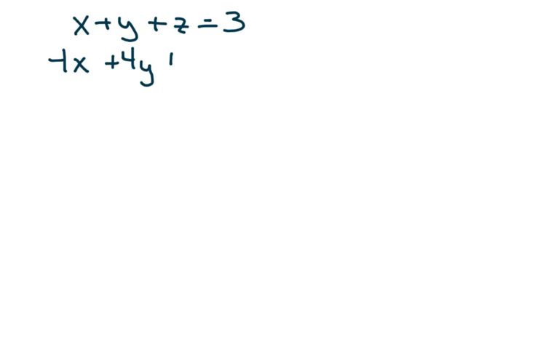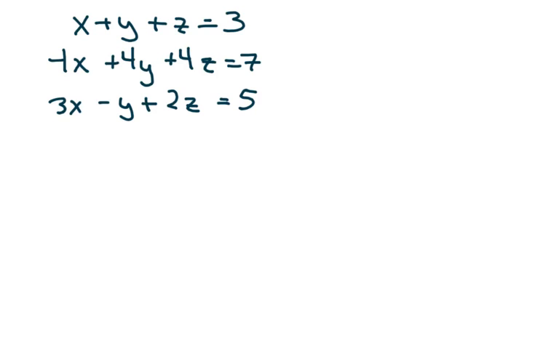Okay, let's do another one. We have x plus y plus z equals 3, 4x plus 4y plus 4z equals 7, and 3x minus y plus 2z equals 5.